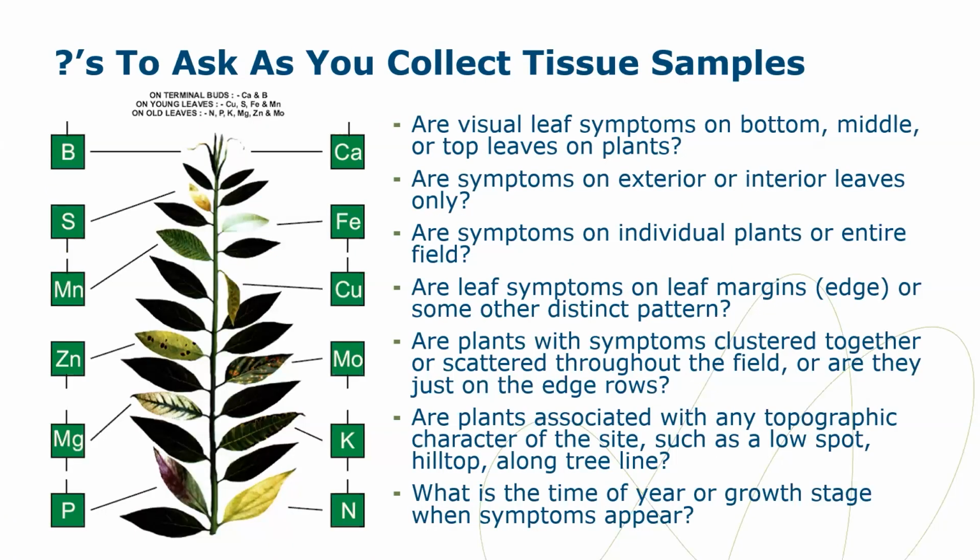When you go out into your fields to collect your tissue sample, here are some of the questions to think about for a few things you may see while looking closer up at the crop. Are visual leaf symptoms on the bottom, middle, or top of the plants? Are the symptoms on the exteriors or the interiors of the leaves? Are they on the margins? Are they on the venations? Are there any patterns on the leaves? Is it individual plants or the entire field?